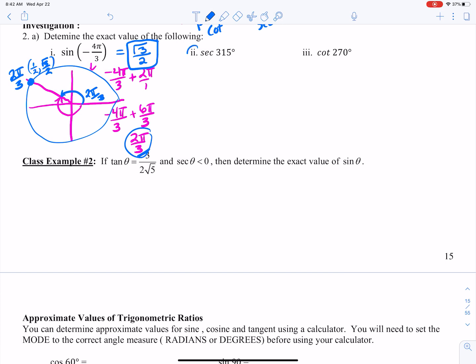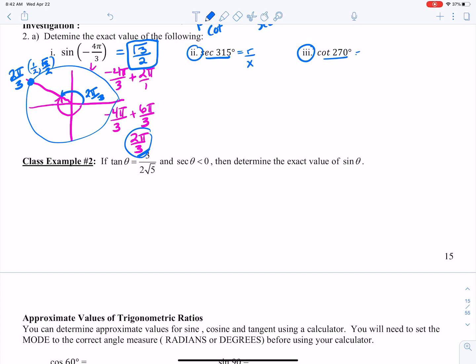I'm going to let you go ahead and do sec and cotan. They are both special angles, so you are going to reference your unit circle to find that. Remember, secant is the reciprocal of cosine, so it is r over x.